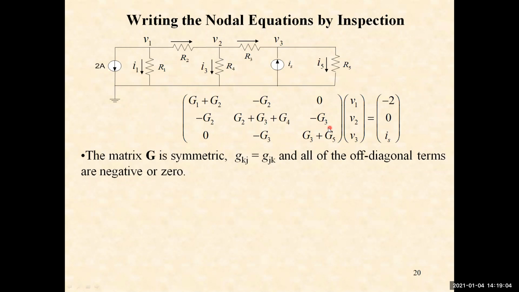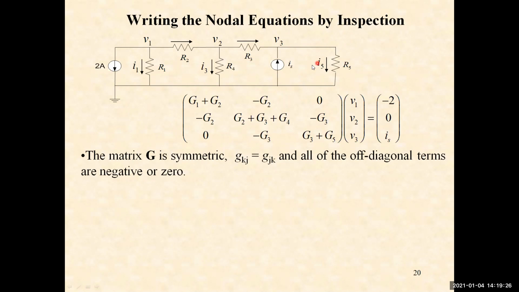That's why minus G3. And then 3,1 is 0, there is no element between 3 and 1 directly. And 3,2: only one element, that is R3, that is minus 1 by R3, nothing but minus G3. Then 3,3: here R3 and R5.